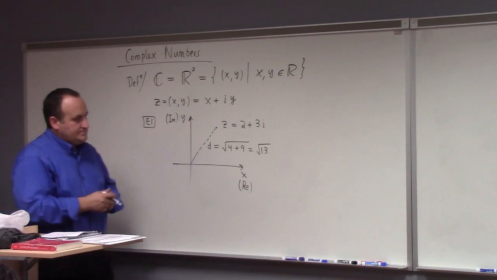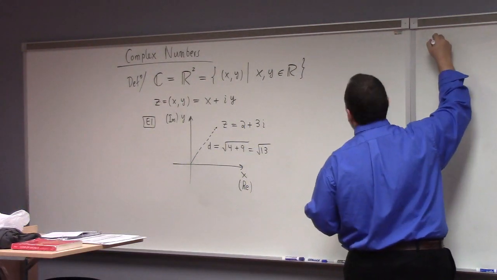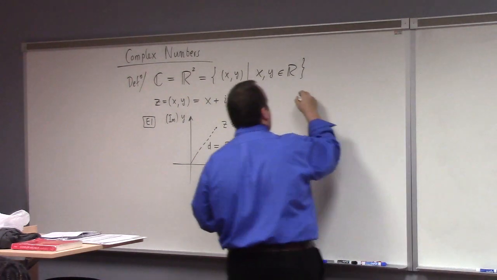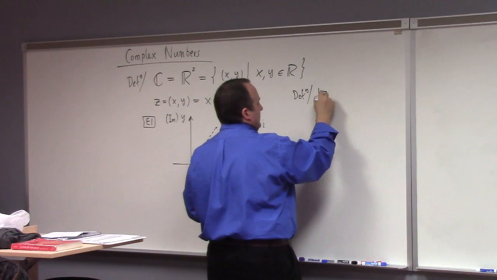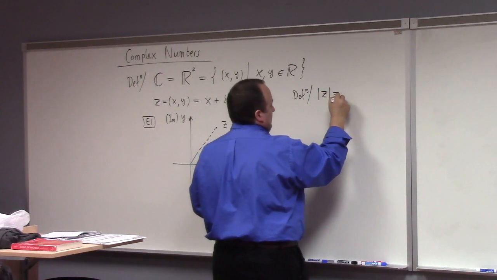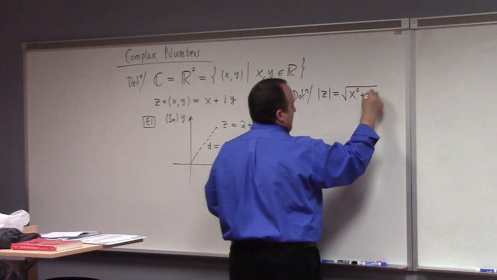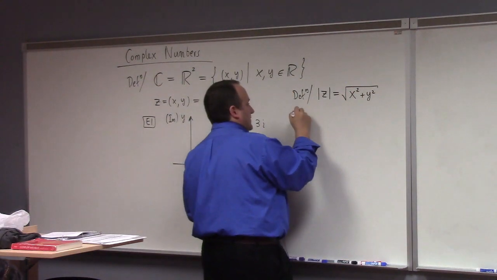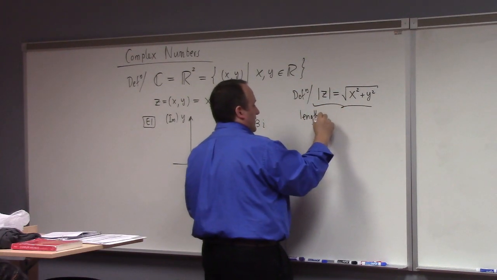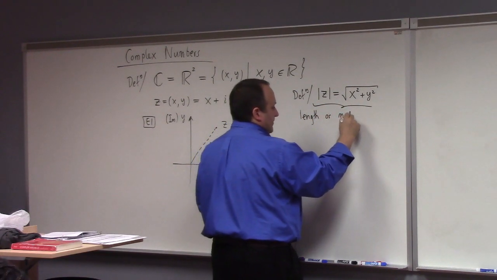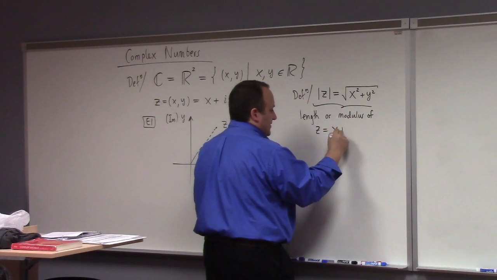So here's the definition. Definition: the length of z, or the modulus of z, is equal to the square root of x squared plus y squared. So this defines the length, or often we'll call it modulus, of z equals x plus iy.